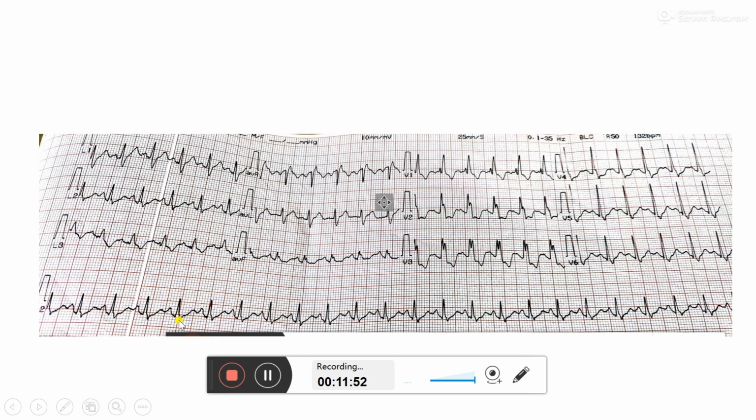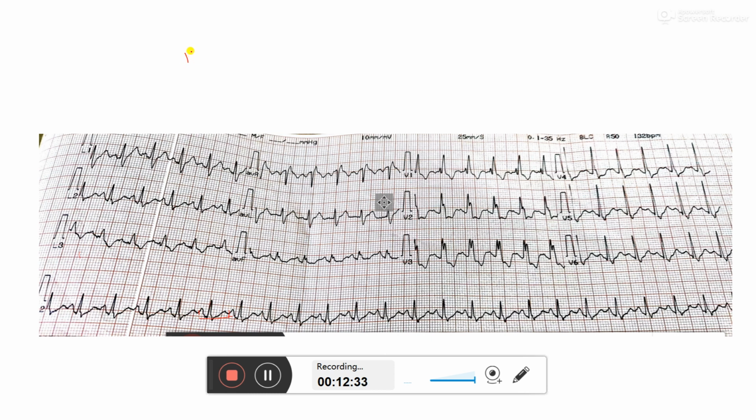Suppose in this ECG, the P wave is starting from here and the next P wave is starting from here. So the duration of this wave is up to this much, and we count: one, two, three, four, five, six, seven, eight, nine, ten, eleven.